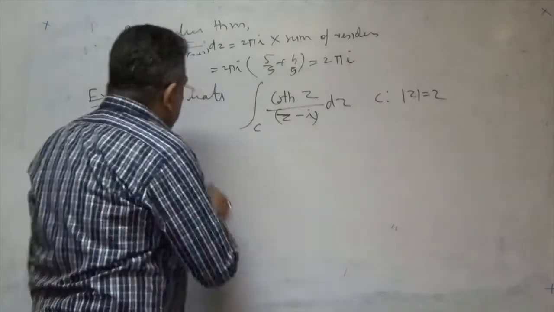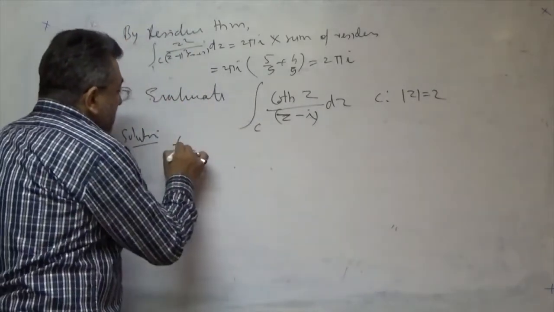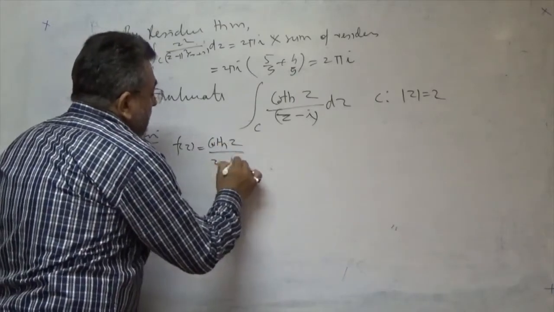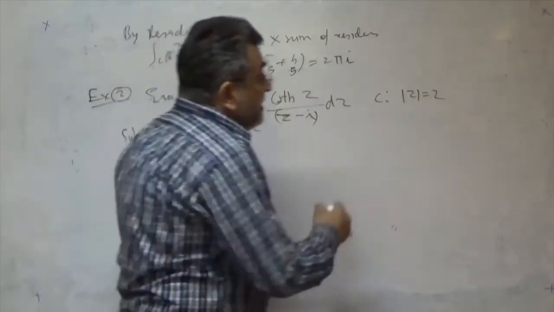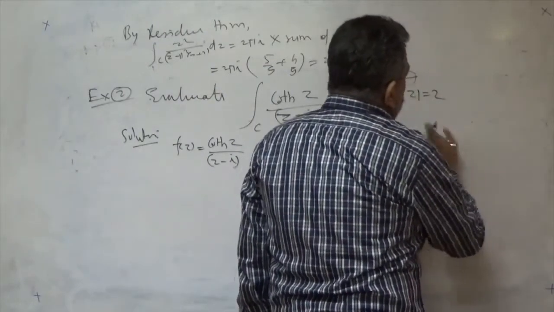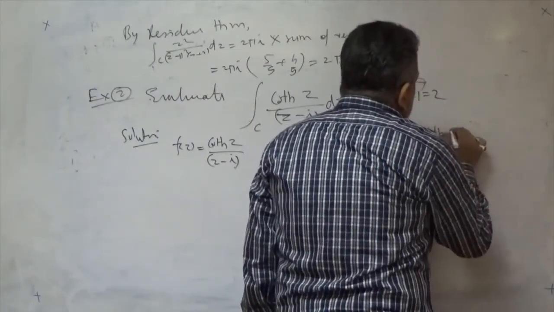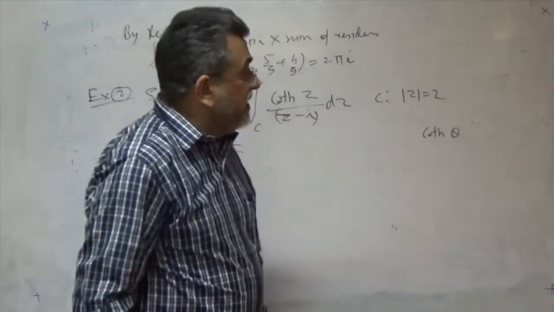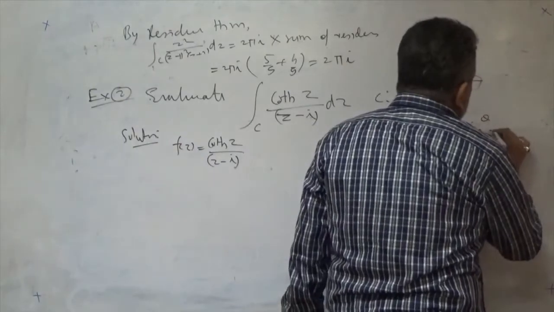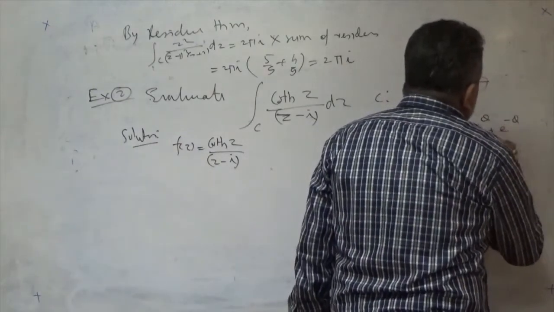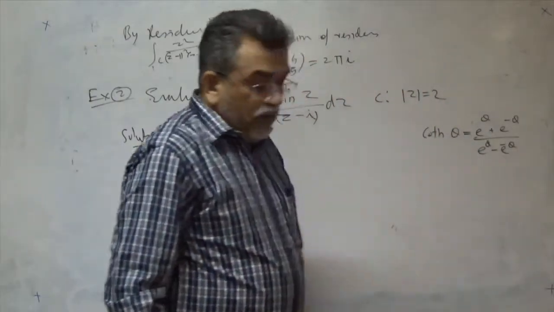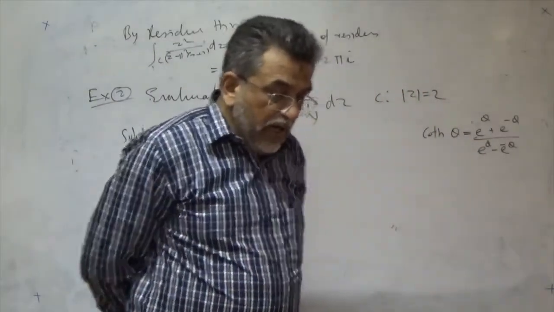First of all, here we have the solution. Here we have this function f(z), which is cot z upon z minus i. This is hyperbolic cot. You know that hyperbolic cot theta can be expressed with the help of exponential functions by a standard formula: e to power theta plus e to power minus theta upon e to power theta minus e to power minus theta, because it is hyperbolic cos upon hyperbolic sine.